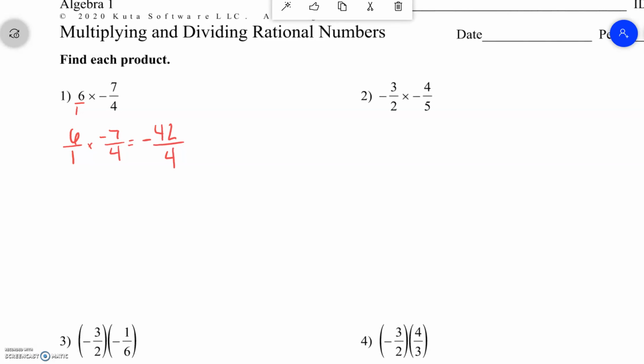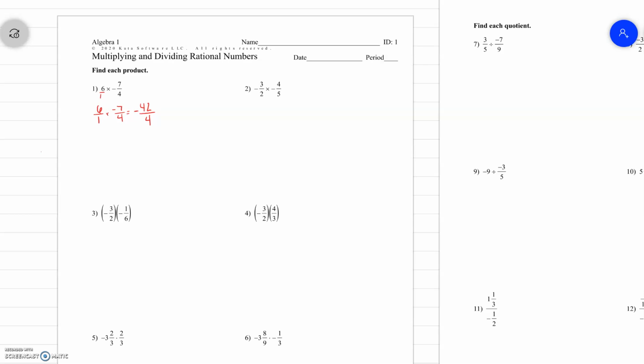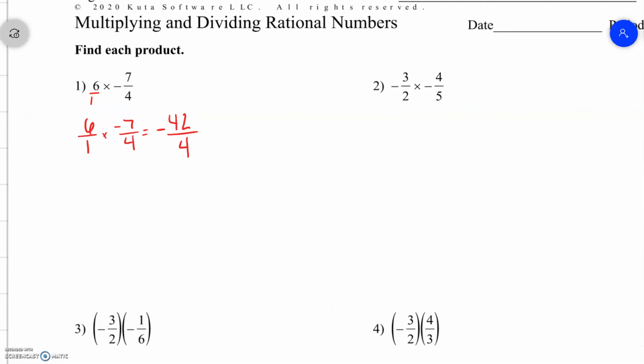So 42 and 4 are both even numbers, so we can divide them both by 2 to simplify. So we still have that negative hanging out there. Don't forget about him. 2 goes into 4 twice, 2 goes into 2 once, so negative 21 over 2, and that would be the most right answer.